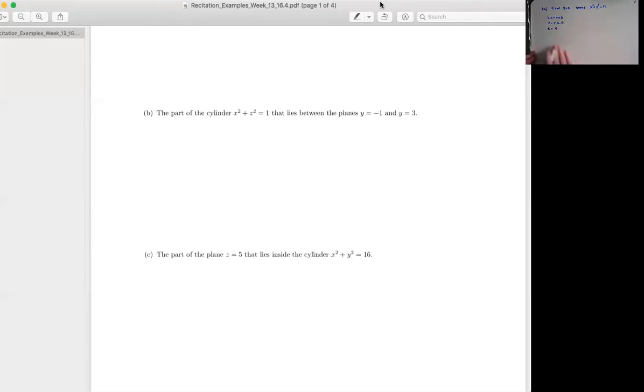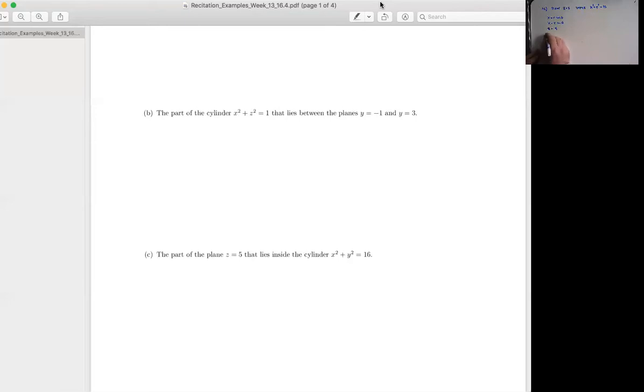The reason we couldn't just use x and y here, we do have just two variables for the representation of the surface, but we do have this z equals 5. So we'd have to translate that into some sort of restriction on x and y, and that won't work. However, when we represent these in terms of r and theta, we can set domains for those two variables that will do the trick.